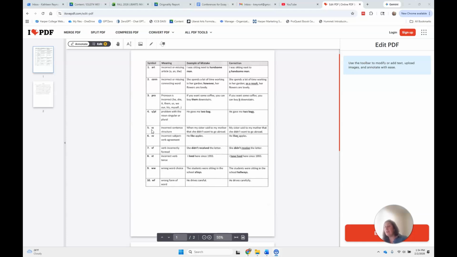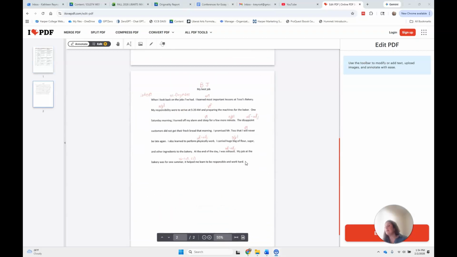So if you have a run-on, remember, you need to break the sentence into 2 or more sentences or add a connecting word. Okay, so you should try to fix everything by yourself. And if you don't understand something, you will ask me when we have a conference so that I can help you. So let's look at an example paragraph.